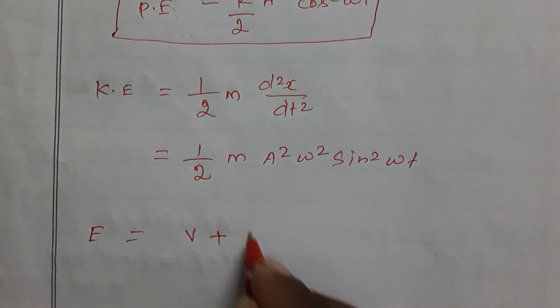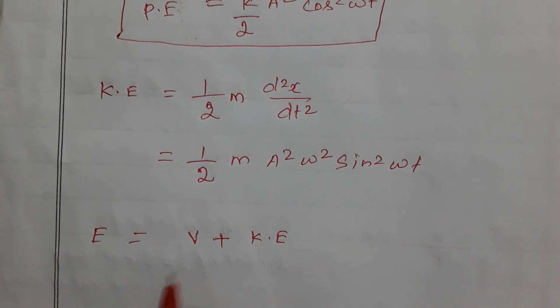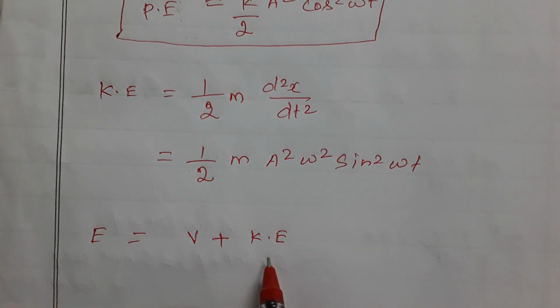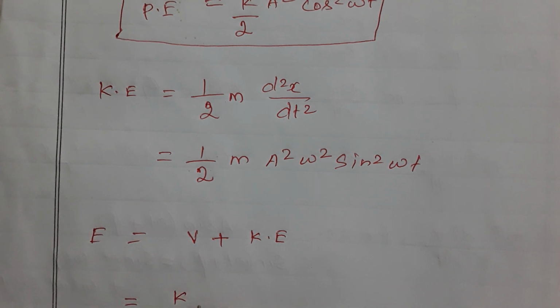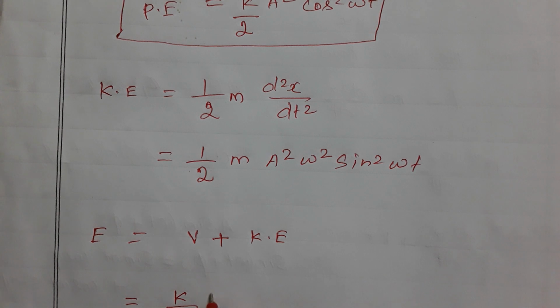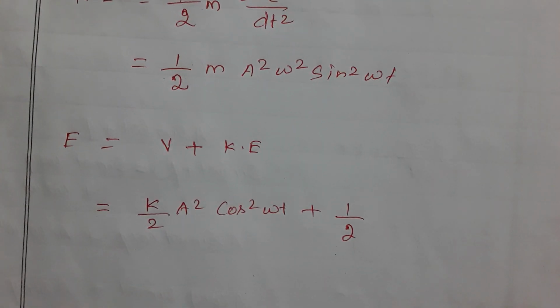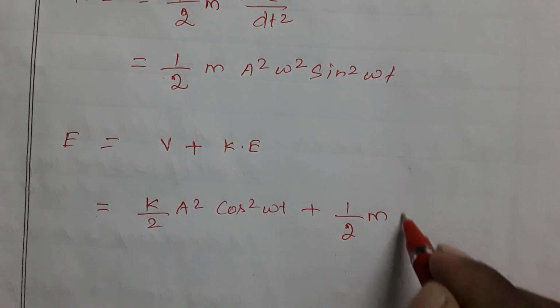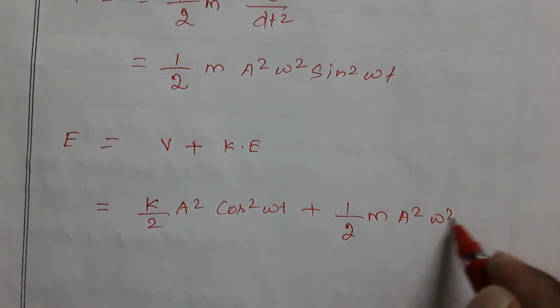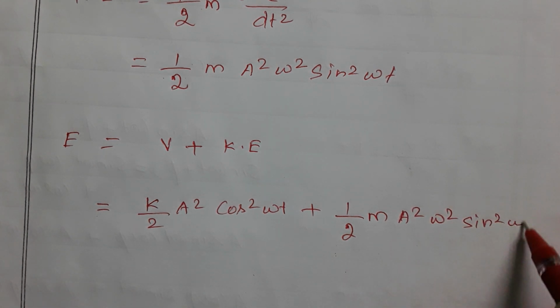V is potential energy, K is kinetic energy, and the total is equal to k by 2 a square cos square omega t plus 1 by 2 m a square omega square sin square omega t.